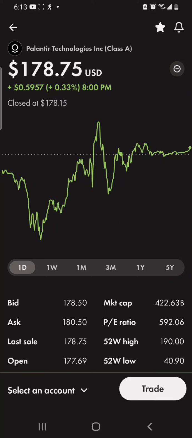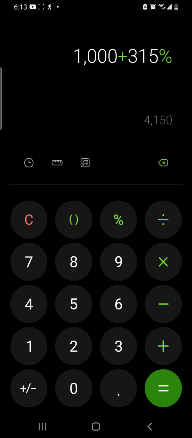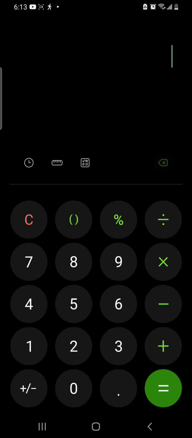All right. Say, for example, you have $5,000 and you purchase Palantir when it's -3. When it goes back to +3%, you'd make $150, right? Say you buy it at -7.